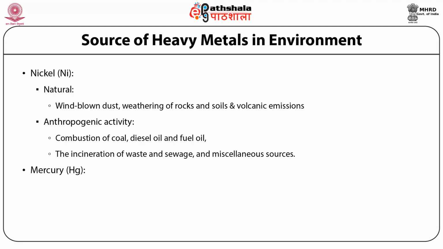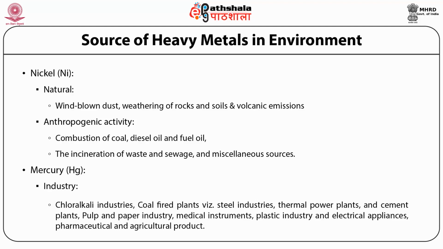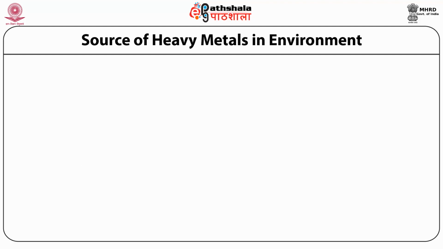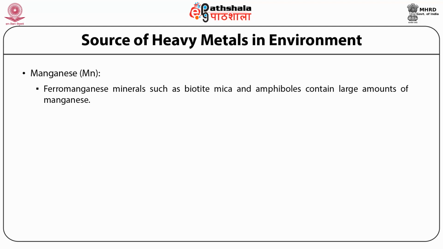Mercury majorly comes from chloralkali industries, coal-fired plants like steel industries, thermal power plants, cement plants, pulp and paper industry, medical instruments, plastic industry, electrical appliances, pharmaceutical and other agriculture products. Ferromanganese minerals such as biotite, mica, and amphiboles contain large amounts of manganese and can be the primary source of manganese in the environment. Crustal rocks are another source of manganese.